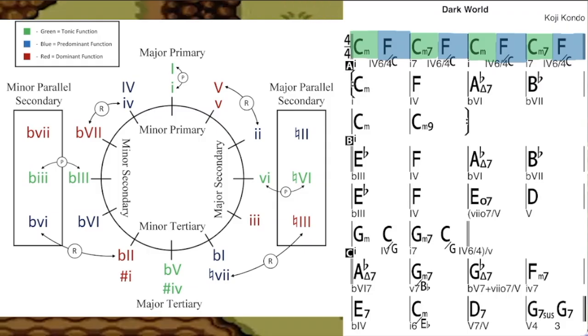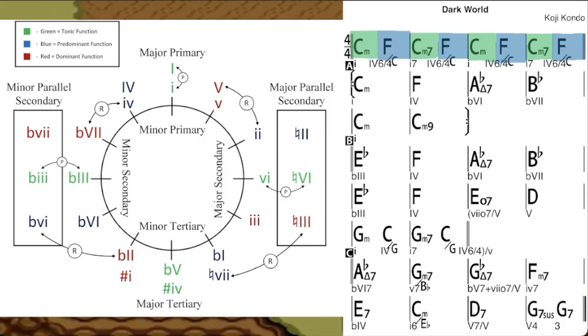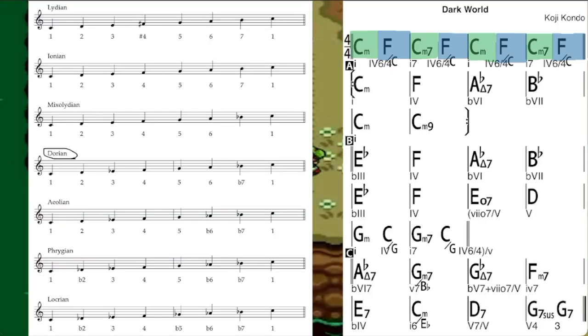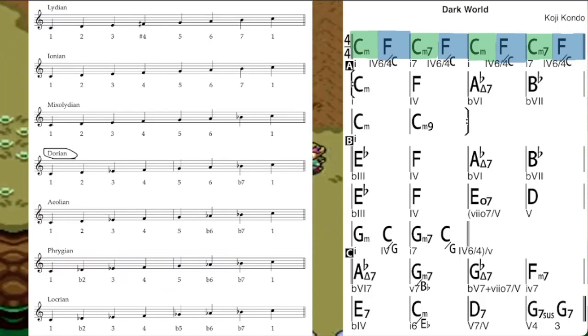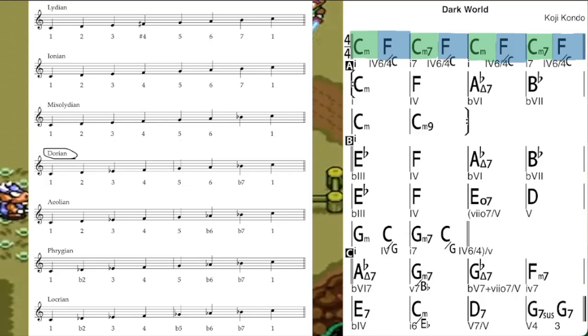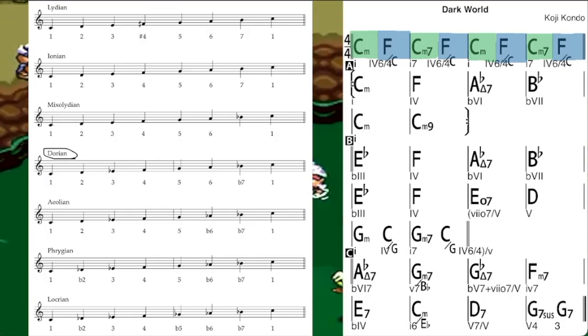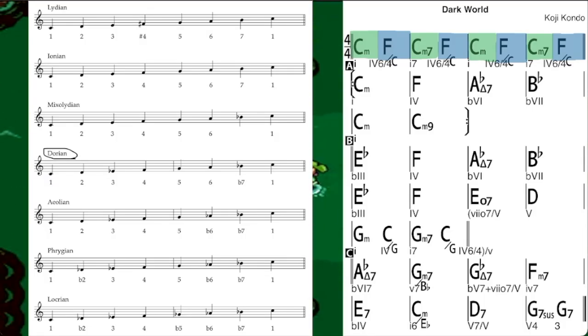which is this tonic, predominant, rather ambiguous, adventurous sounding vamp, and it contains the Dorian mode. And that's how it functions.